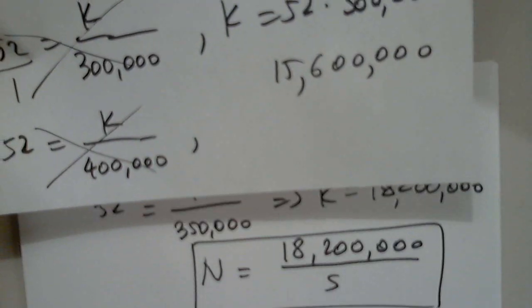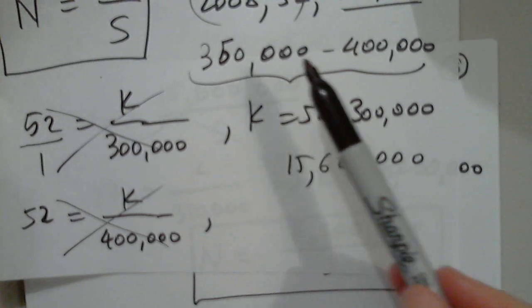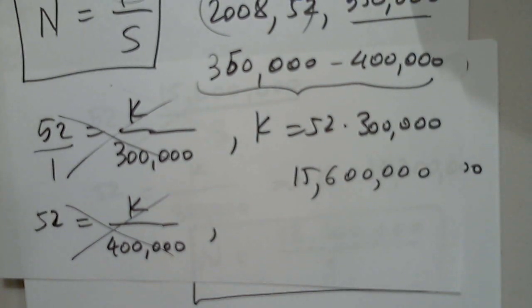So we have 350. We have 400,000. I thought it was 500,000. Is it 500,000? I think the first one, let's look again. I think the first one says between 350. Oh, yes. Between 350 and 500,000. Yes.